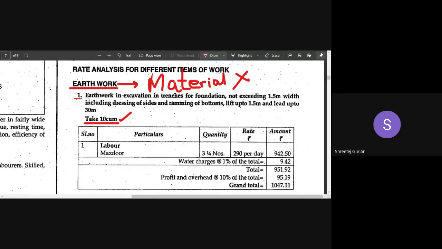We have not calculated any material cost. What is the logic behind this? In every other rate analysis as we move forward, you will see that first we calculate material and then we go for labor. But in earthwork, why do we not consider material cost? Common sense, try to answer.